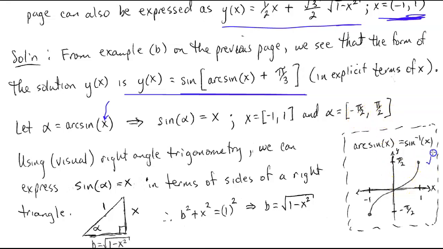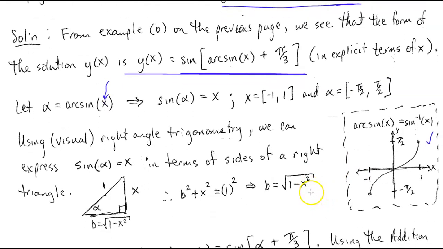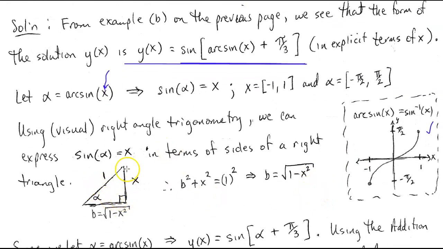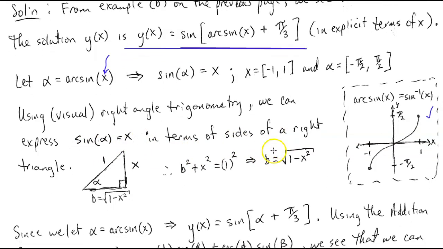And of course, this is a graph of what sine inverse looks like. So basically, all I'm doing is stating what this graph already shows us. Now, if we use a visual right triangle, like I used before, to do right angle trigonometry, we can express sine of alpha equals x in terms of a right triangle here.